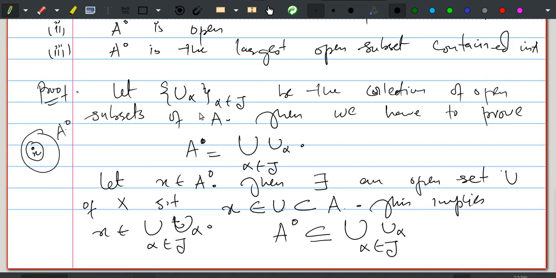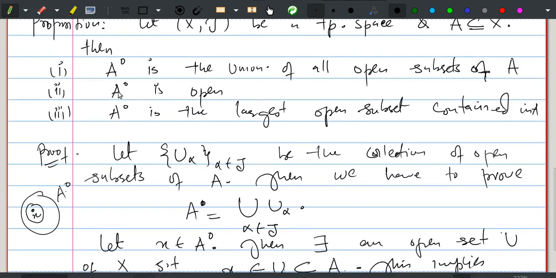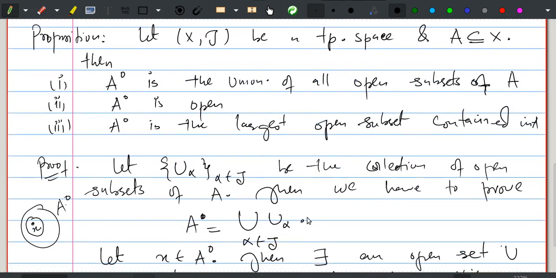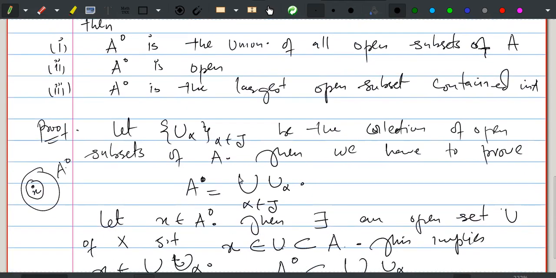Now for the second item, A interior is open, it follows from the first, because A interior is the union of all open subsets contained in A. Since we know that the arbitrary union of open subsets is open, this implies A interior is open.